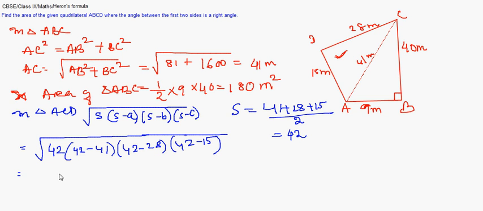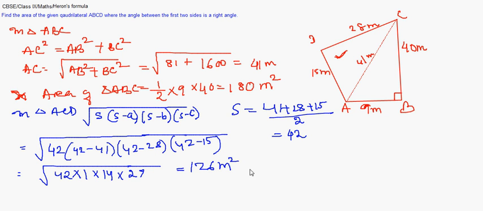So I get this as 42 into 1 into 14, and this gives me 27. If I find the square root of all this, I get 126 meters square.